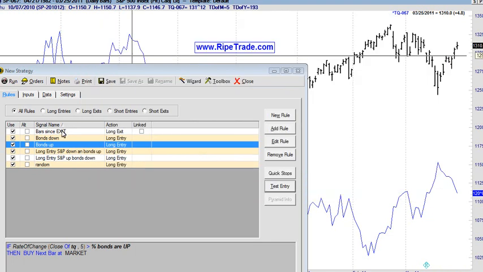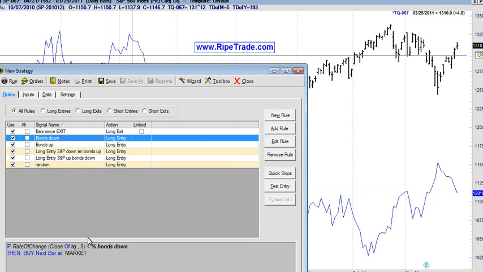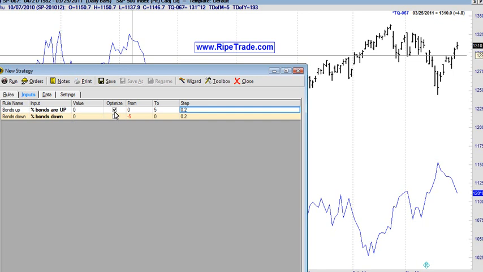Now I want to show you the opposite of that, when bonds are down by a percentage. We're going to get rid of this one and test from -5% to 0, again in increments of 0.2%.